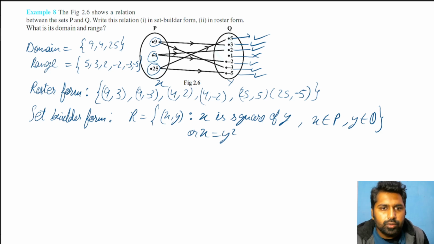Although we can do without the diagram also, it makes it simple. Plus the next topic that we'll do, function. Again, for that also it's very important that this diagram is there, because from that we can easily judge whether some relation is a function or not.